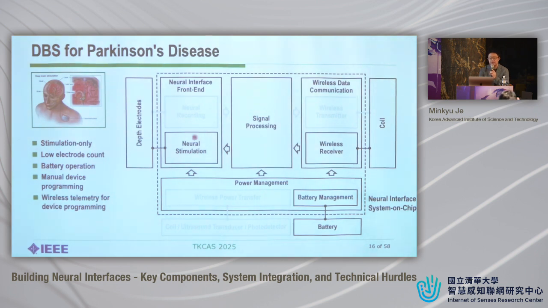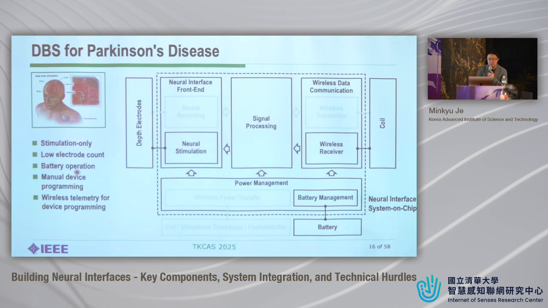It relies on the neurostimulation front end, working together with a depth electrode for deep brain area stimulation. We usually have a handful of electrodes there, so low electrode count. That is a feature of this type of device.